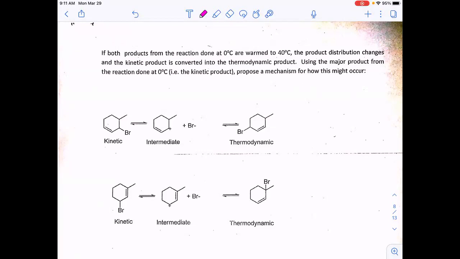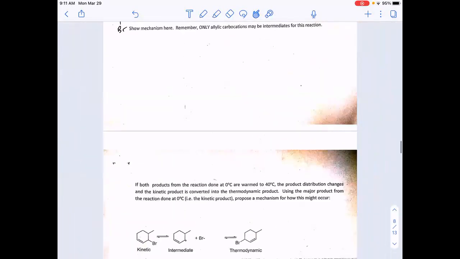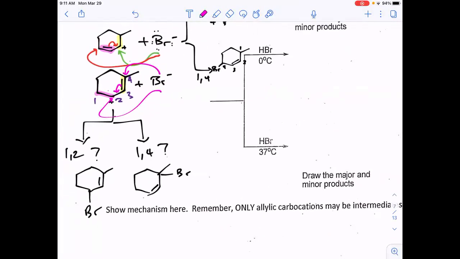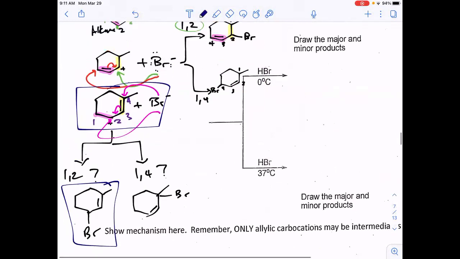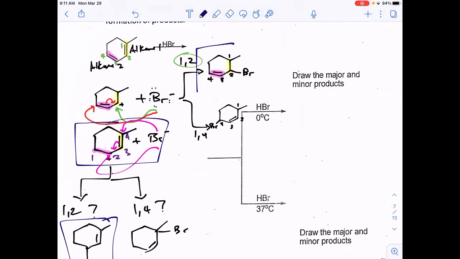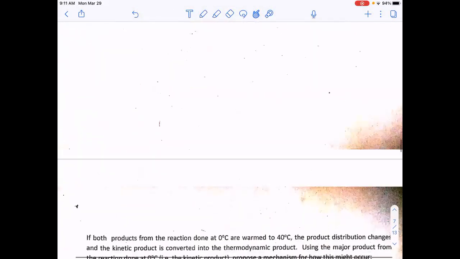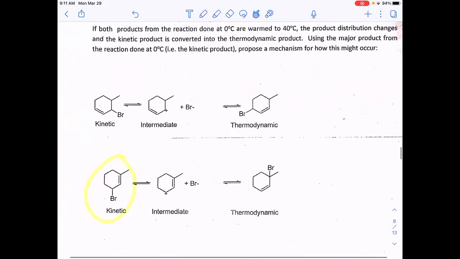So this is the kinetic product from the second reaction that we talked about, and the other kinetic product would be here. If I took those two and warmed them up, how could I get them to interconvert back to the thermodynamic product?